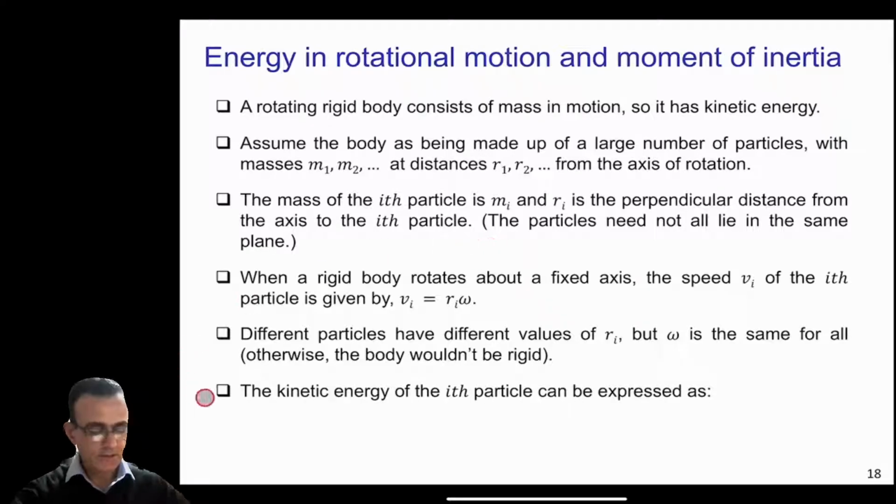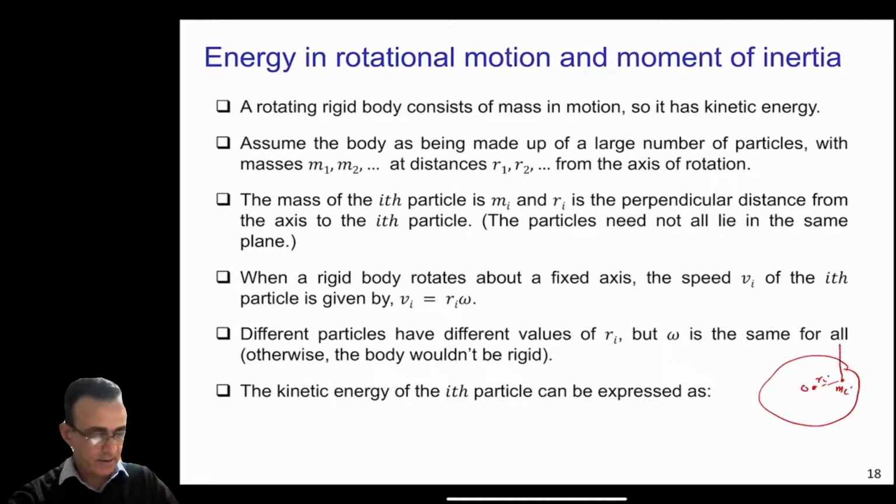So now the kinetic energy of the ith particle can be expressed as follows. If this is our body here, and you take just one particle, the mass is mi, the distance from the axis is ri, and the velocity of the particle is vi.